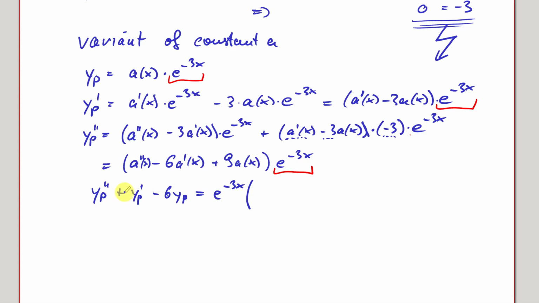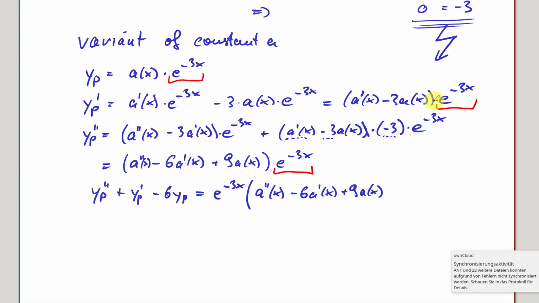Now I have to consider this y double prime. It is just a double prime of x minus 6a prime of x plus 9a of x. Then we have this y prime.